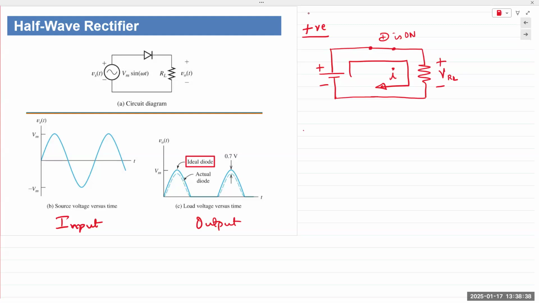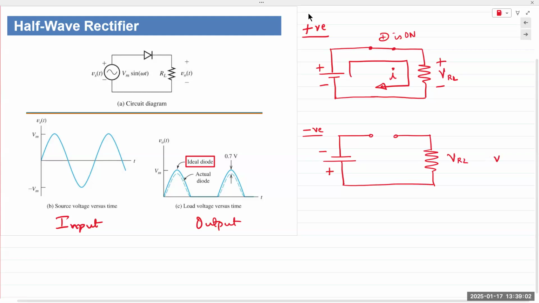In the negative half cycle, the exact opposite happens. Polarity is now reversed. Diode is reverse bias. No current flows through. Output is 0 volts.